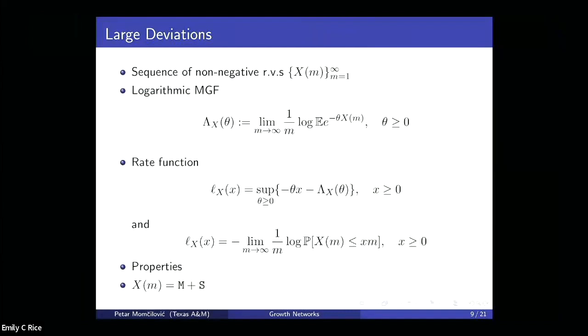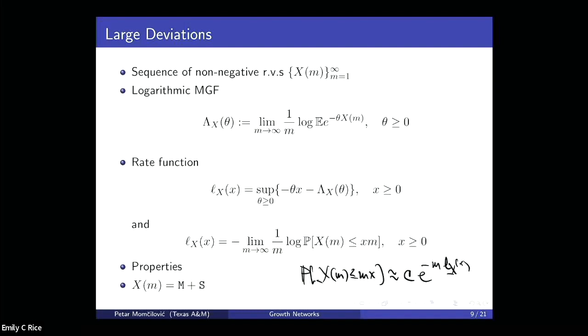This rate function simply characterizes the probability that X is less than some x times m on the logarithmic scale. You can think of it as: I want to figure out the probability that X_m is less than x m, and this is roughly some C to the power minus m L. I'm interested in what the chances are that I'm way below the mean.